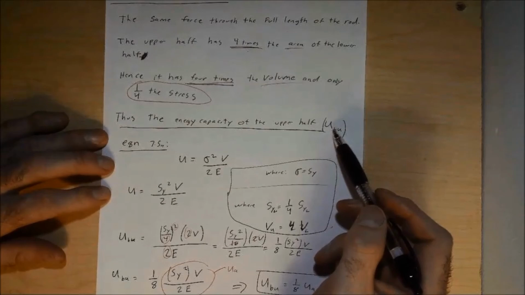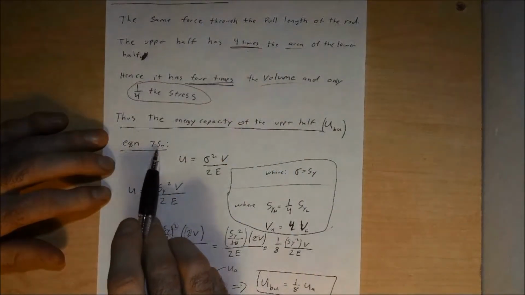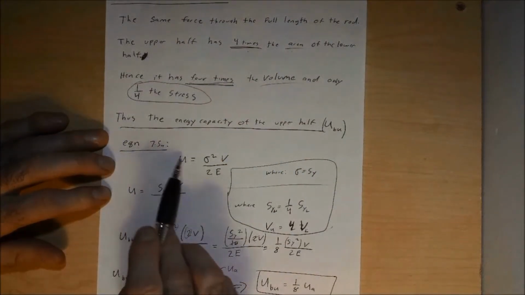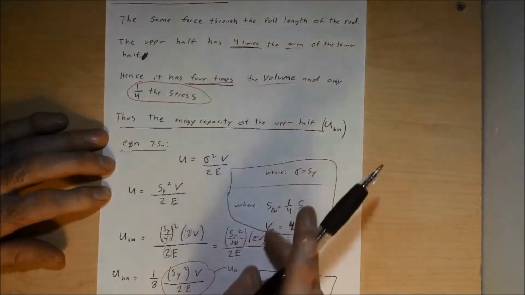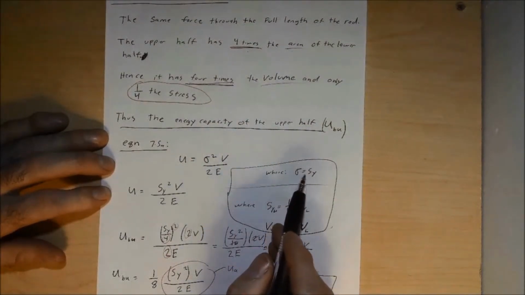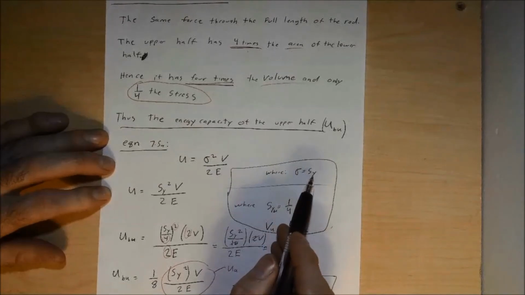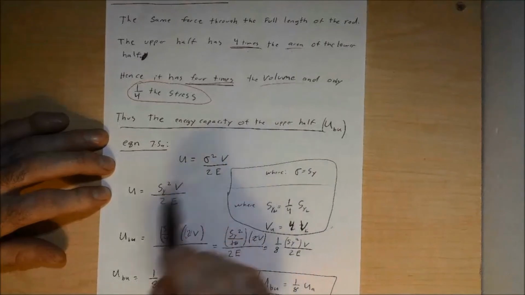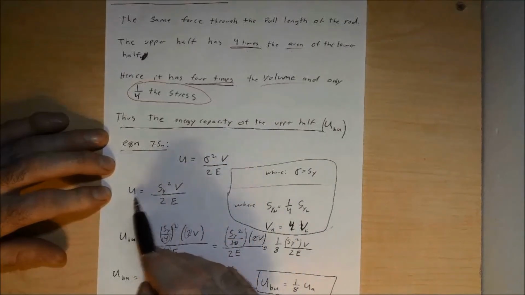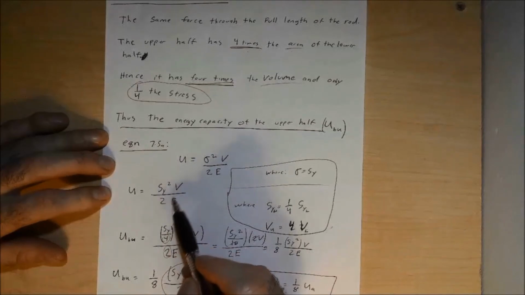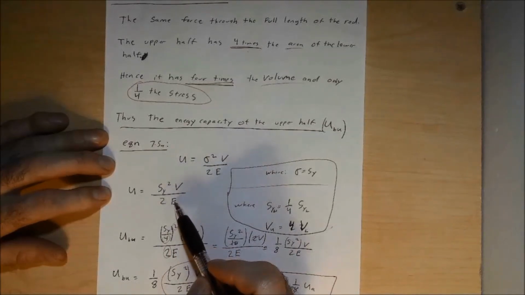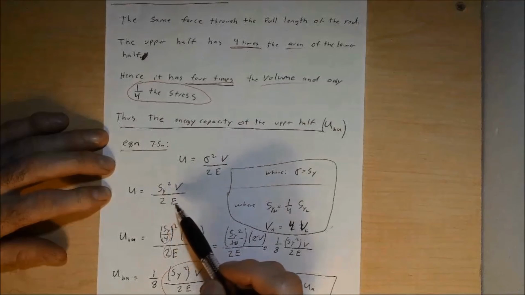Now we can go back to our same general equation, 7.5a in our textbook, where U is equal to sigma squared V over 2E, where for our specific problem, sigma is equal to S sub Y. So if sigma is equal to S sub Y, then we can plug this back in and get this relationship over here, where U is equal to S sub Y squared times V over 2E, where V is our volume, E is our modulus of elasticity, and S sub Y is our yield strength.